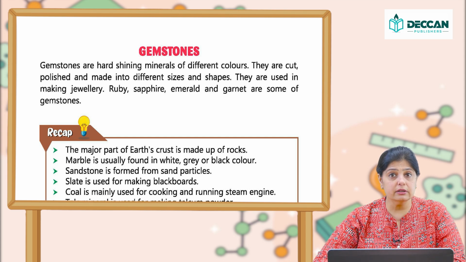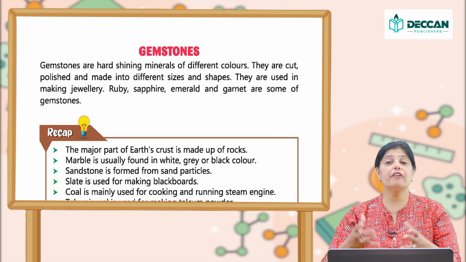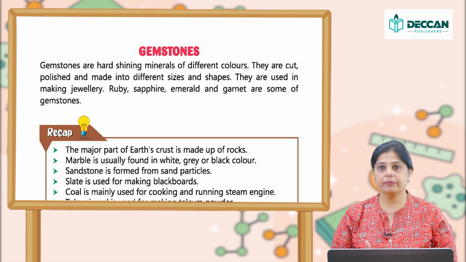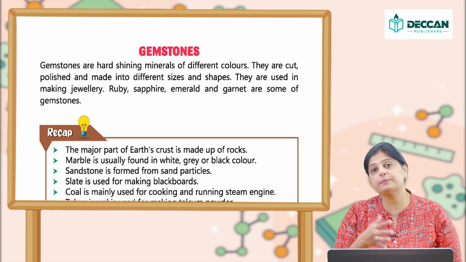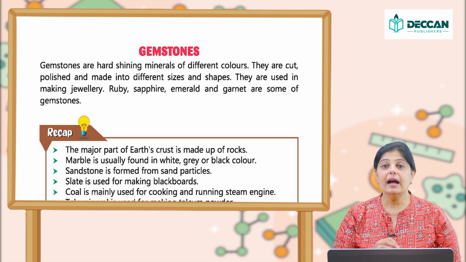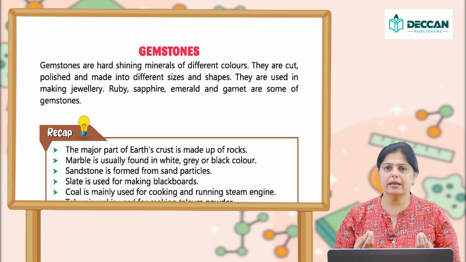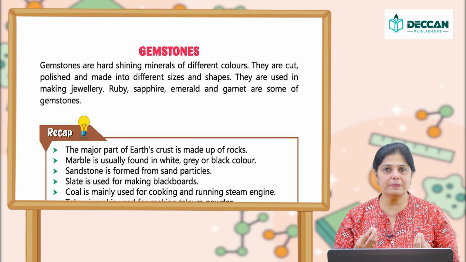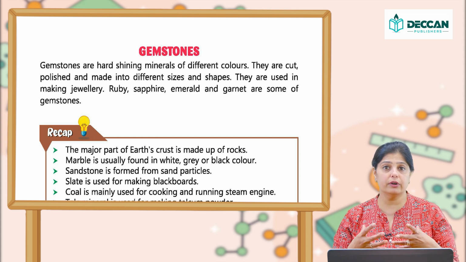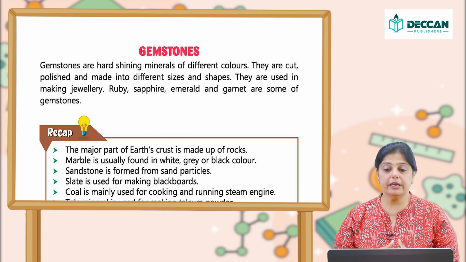Ruby, sapphire, emerald and garnet are some of the gemstones and they are very valuable, which is why they are very expensive as well. They come in different sizes and shapes, and you get a lot of jewelry made using these different types of gemstones.